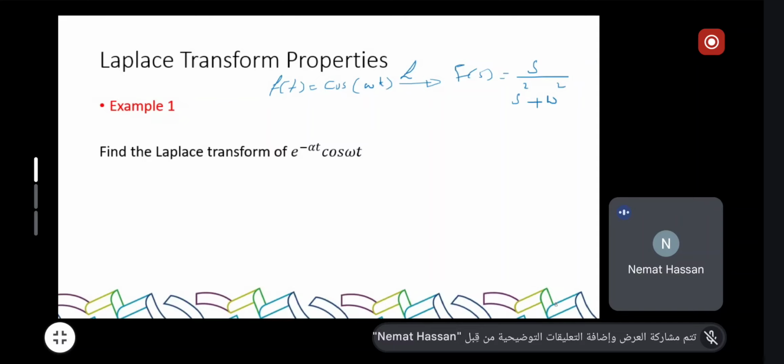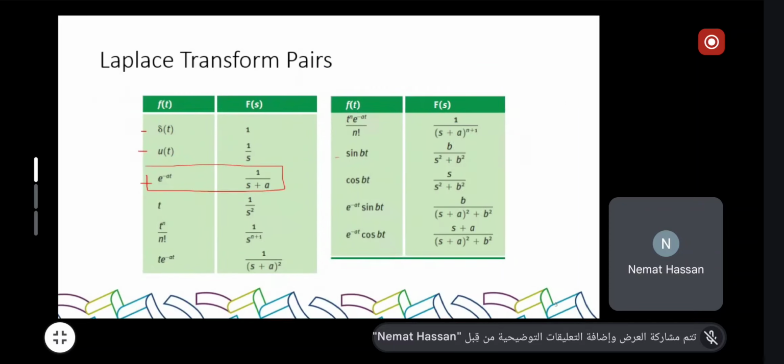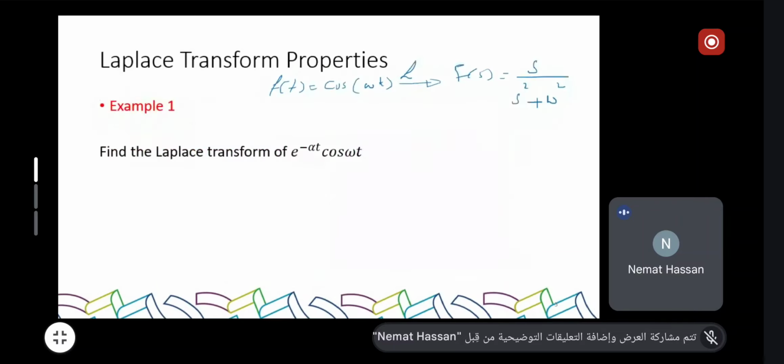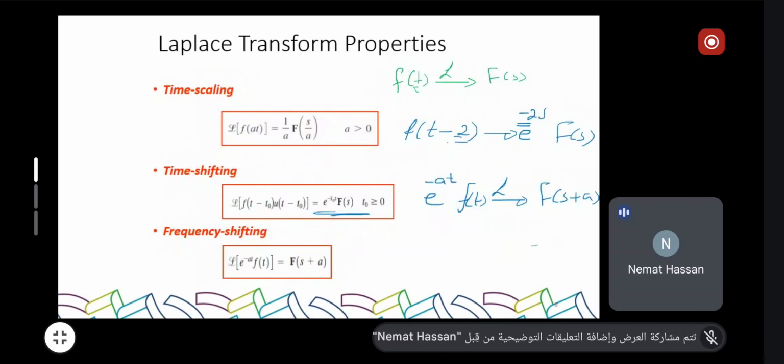This is from the table: the transform of cosine is s over s squared plus omega squared. So now we have the transform of a cosine. Can I find the transform of e power minus alpha t multiplied by the cosine? If you look at the properties, which property fits the best?